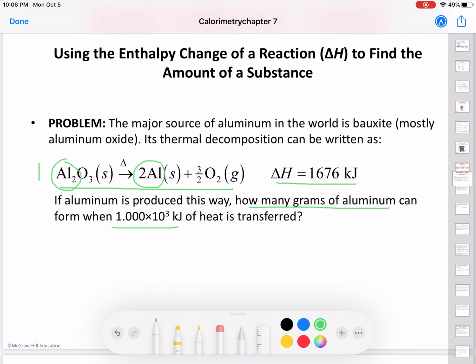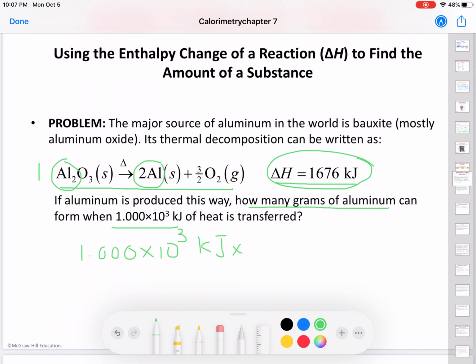But what we know is that 1676 kilojoules is transferred when 2 moles of aluminum are formed. Now we want to find out how many grams of aluminum can form when 1000 kilojoules of heat is transferred. So we start with 1.000 × 10^3 kilojoules.